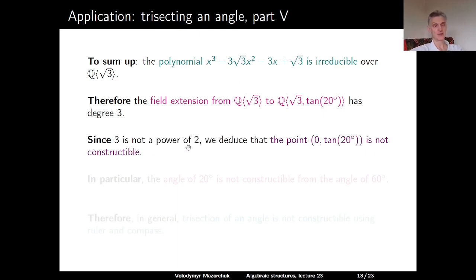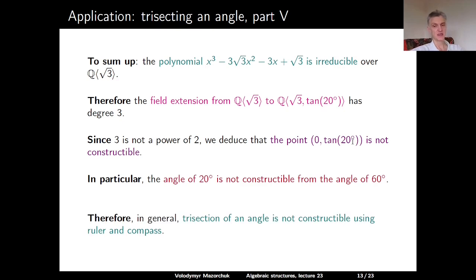And since 3 is not a power of 2, we deduce that the point (0, tangent of 20 degrees) is not constructible. So in particular, the angle of 20 degrees is not constructible from the angle of 60 degrees. Therefore, in general, trisection of an angle is not constructible using ruler and compass.